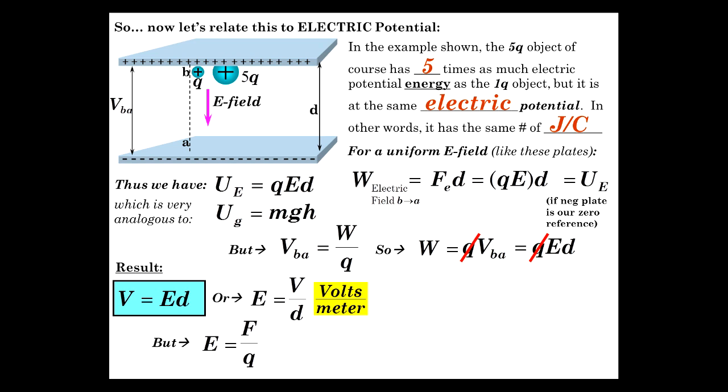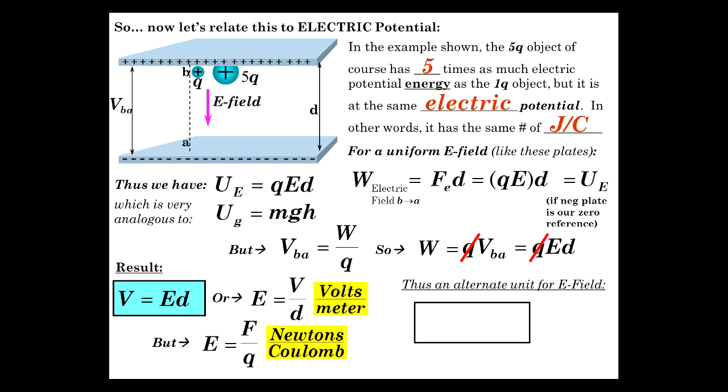Well, yes, we did. And so we had force per charge is newtons per coulomb. So now we see this perhaps deeper connection between these quantities, namely that 1 newton per coulomb is also a volt per meter. Two ways of defining the electric field.